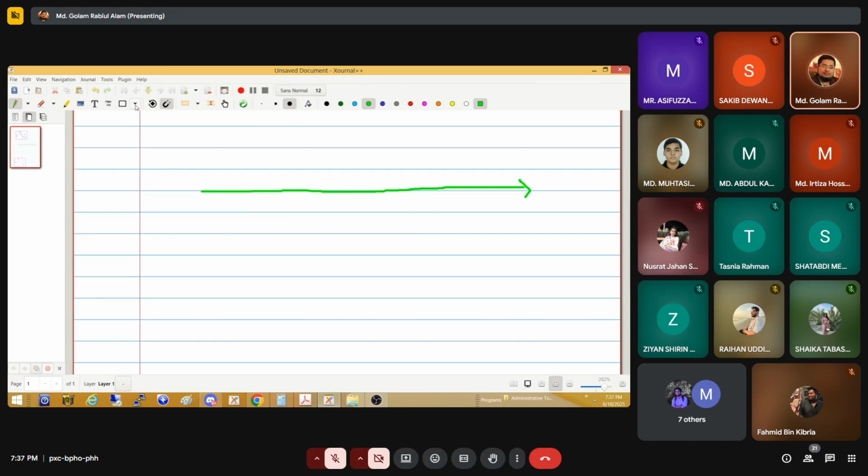Let's say we have a few data points, and some other data points also. Let's say this is the one-dimensional case.